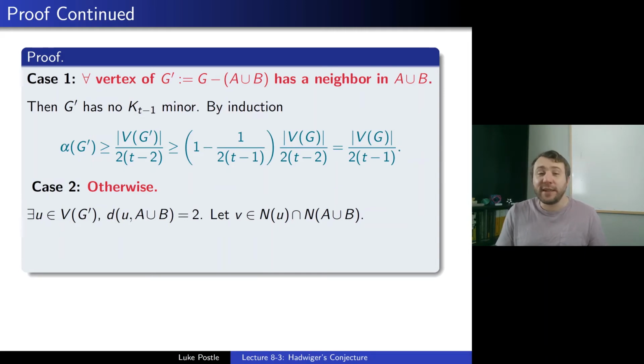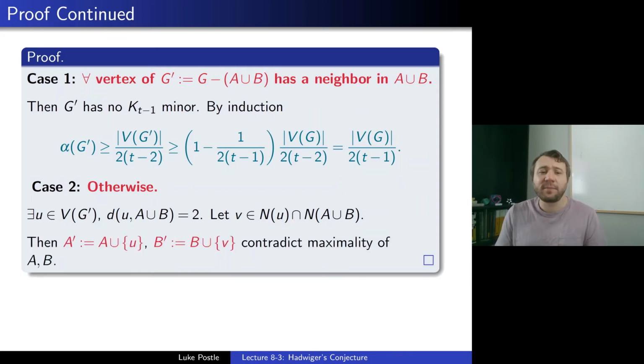And then we pick a neighbor v of A union B and u. So we kind of take a path u, v to A union B. Then we have A prime be A union u, so u is non-adjacent to anything in A, so we can add it to the independent set. And then we set B prime to be B union v, contradicting the maximality of A. So that's a nice, quick proof to show you how that works.